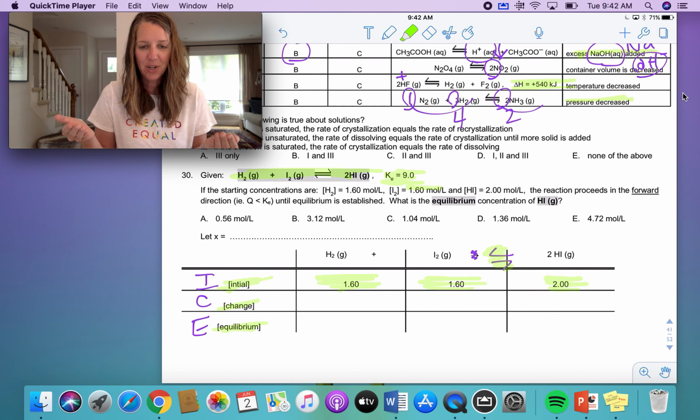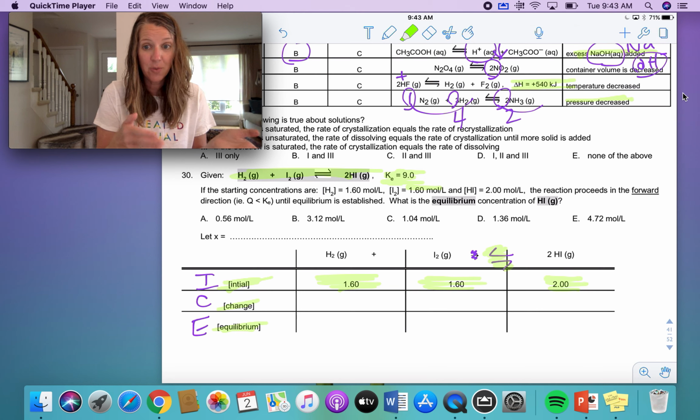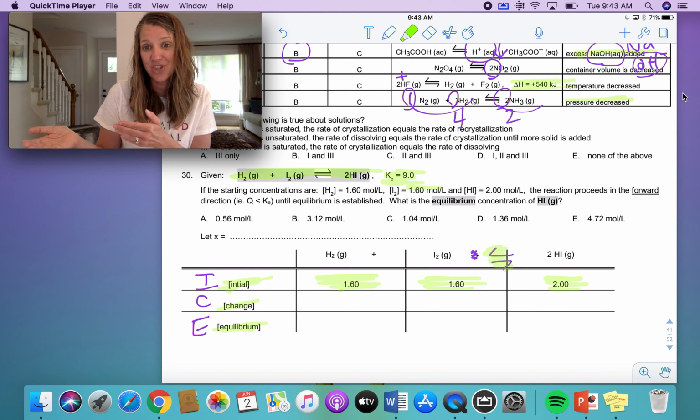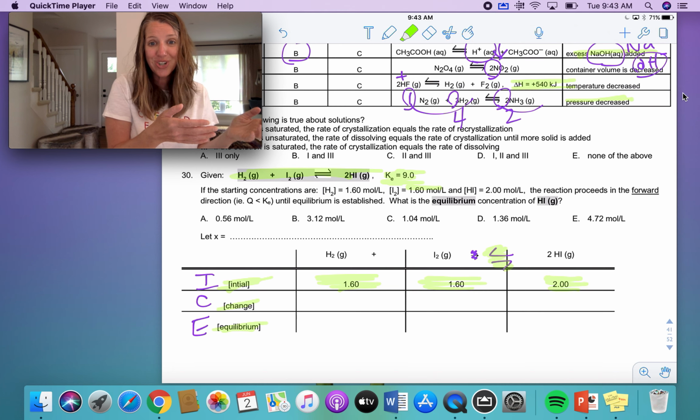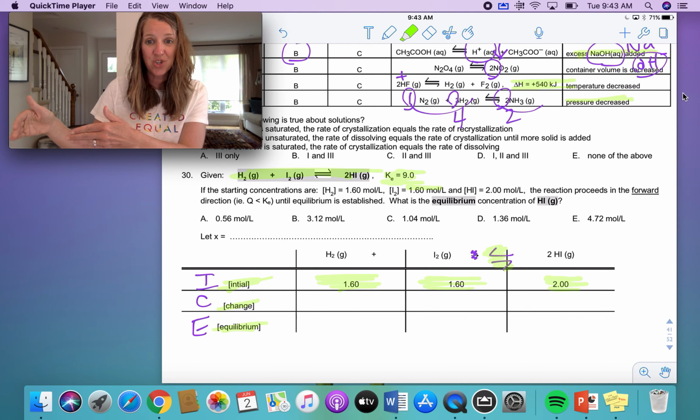Now, in order to figure out which way it's going to change, you have to be given that information in the question. If you're given gases with concentrations, everything's there. The other questions we did were like there's none of the reactants and you're only starting with the hydrogen iodide gas, or you're only starting with the reactants of the hydrogen and the iodine gas and you don't have any hydrogen iodide.